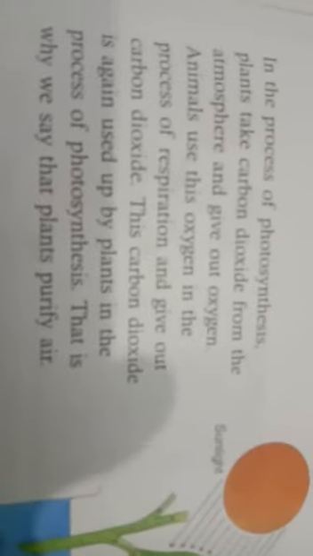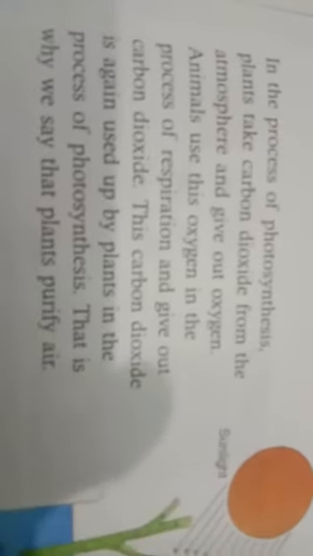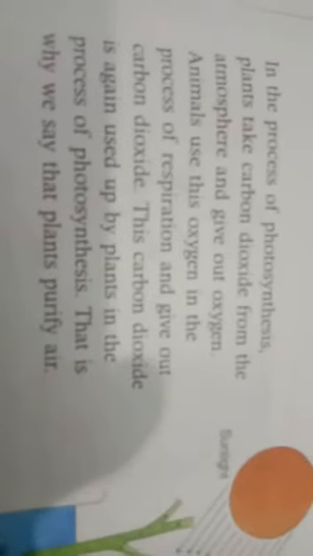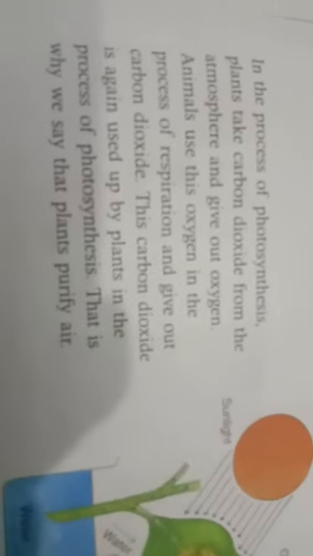As I told you, we inhale oxygen and exhale carbon dioxide. How can we take oxygen? The oxygen that we take is given by the plants during the process of photosynthesis, and after taking oxygen we exhale carbon dioxide, and that carbon dioxide is used by the plant for making food. So human beings and plants both are interdependent upon each other. That's all about photosynthesis.